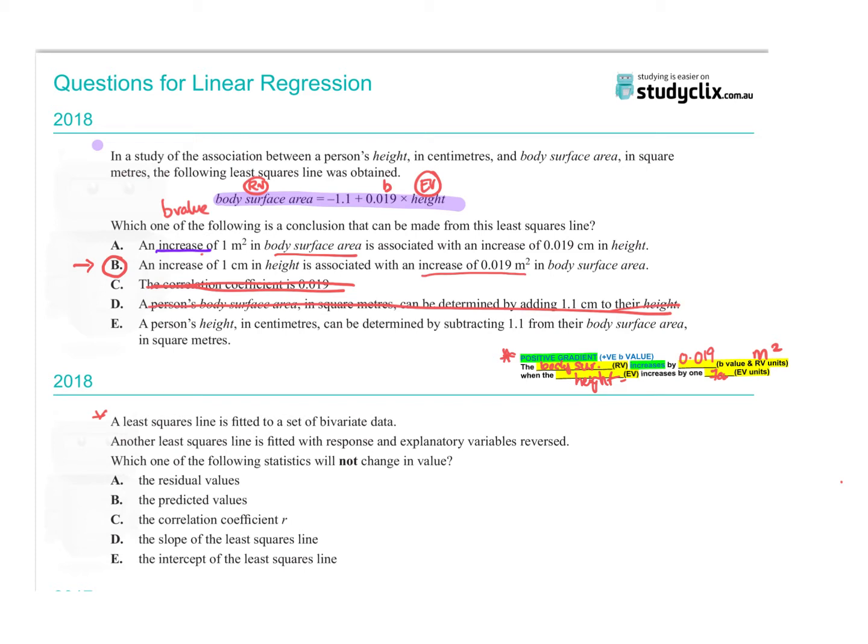But hopefully when you were calculating the R value when we first did that, you noticed it didn't matter which one you put as the RV or EV to begin with, it still gets the same value even if you switch them around. Everything else would change, so it's just that one.